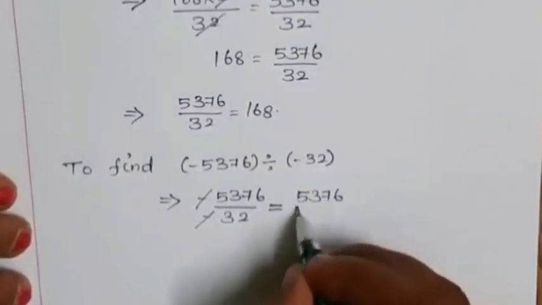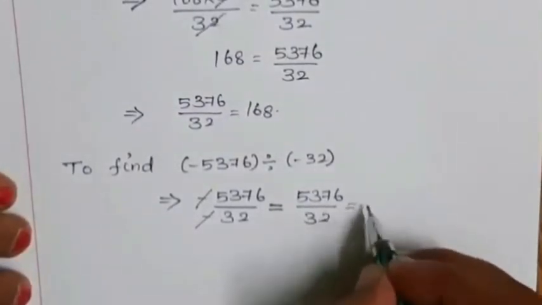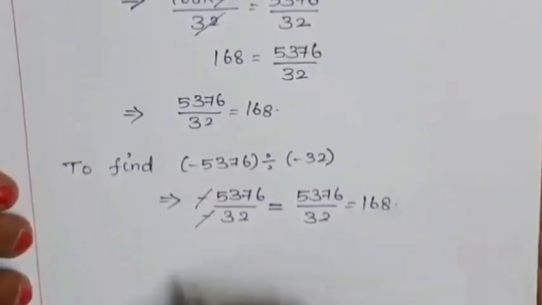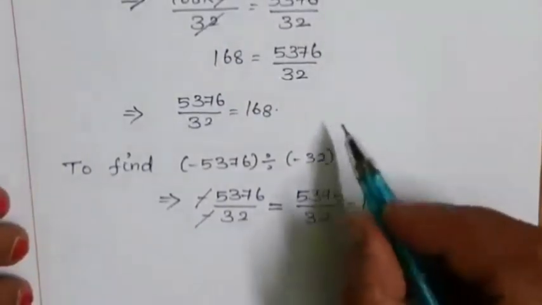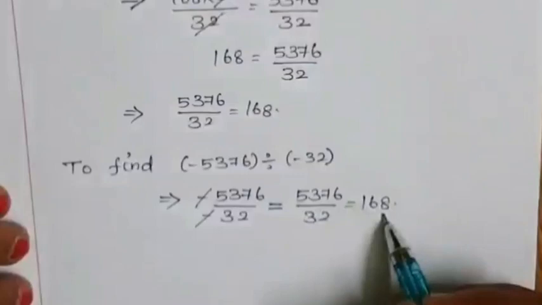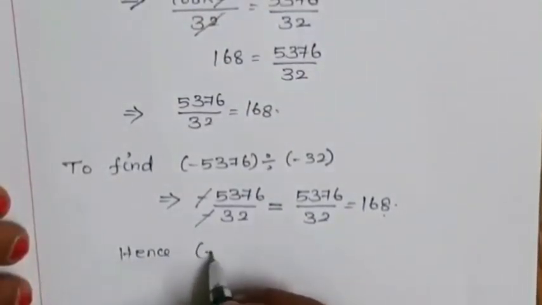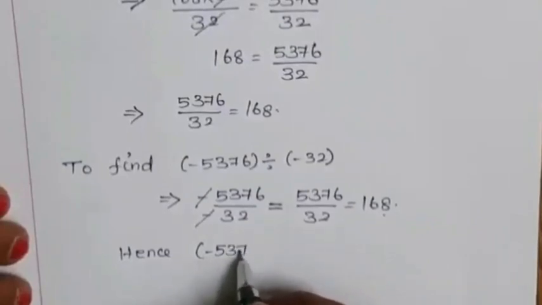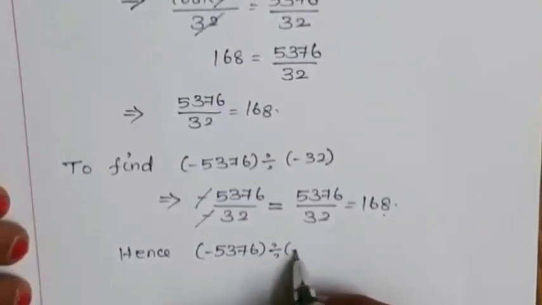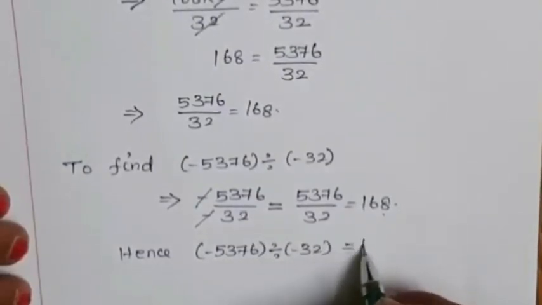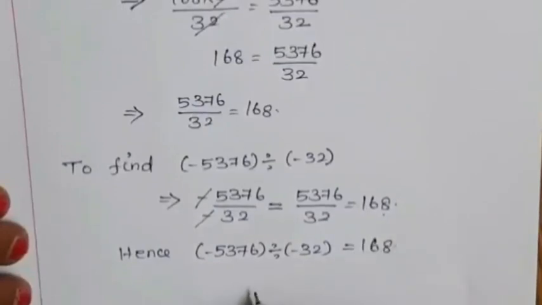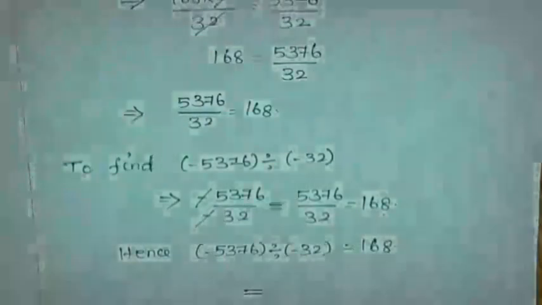Therefore, minus can be cancelled. We get 5376 divided by 32, which is equal to 168 as by the given result. Hence, minus 5376 divided by minus 32 is equal to 168.